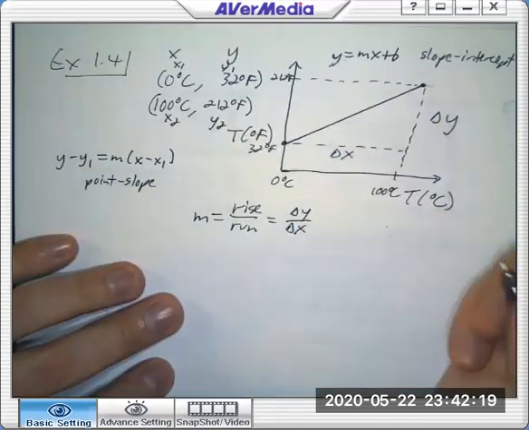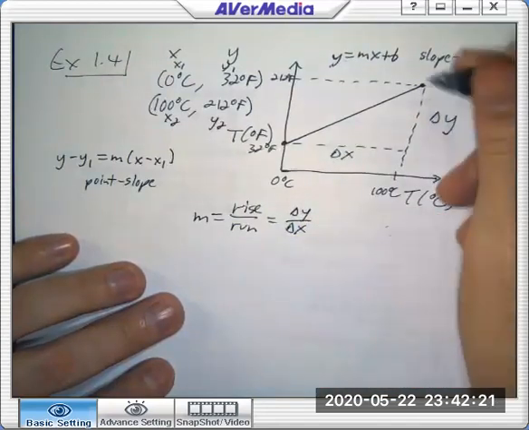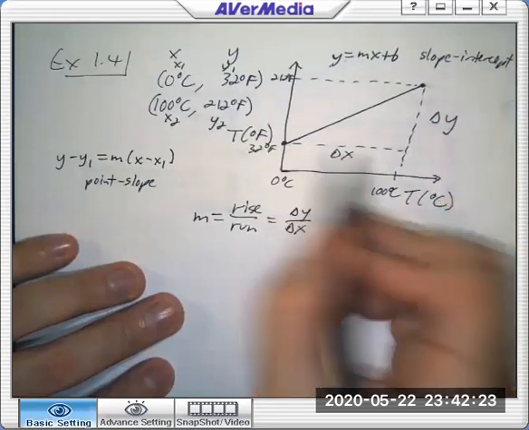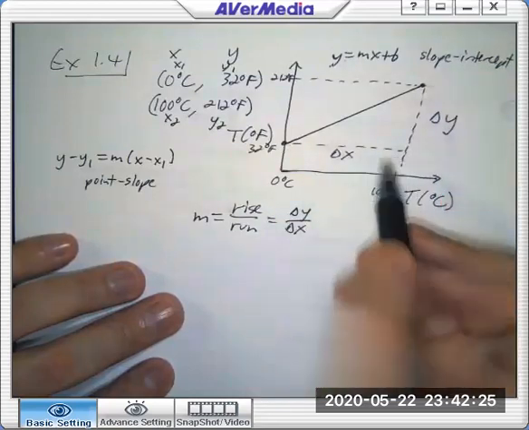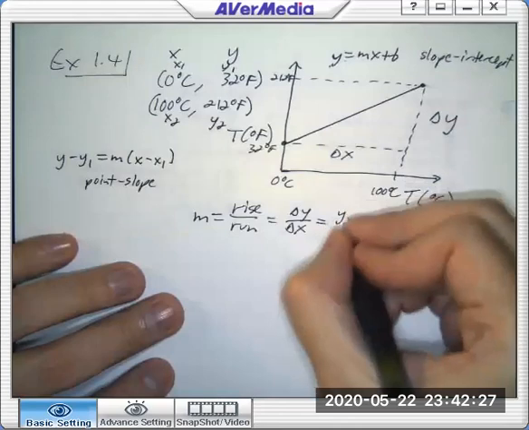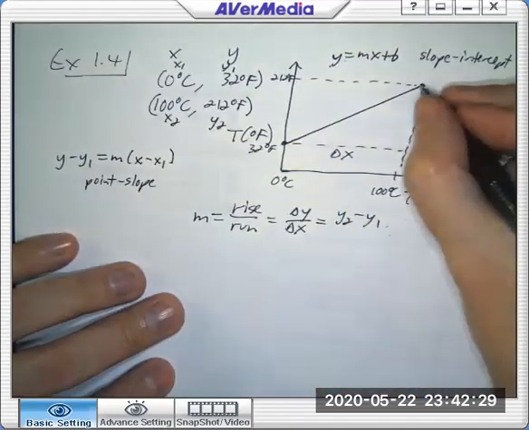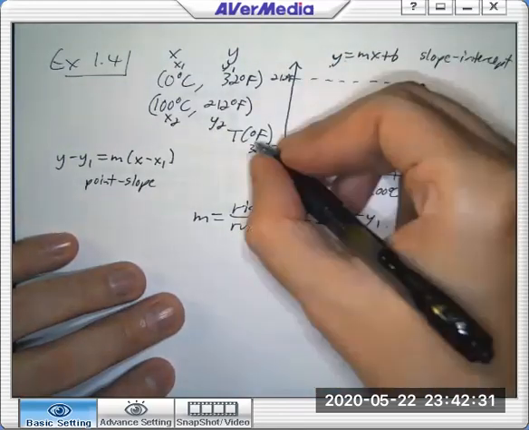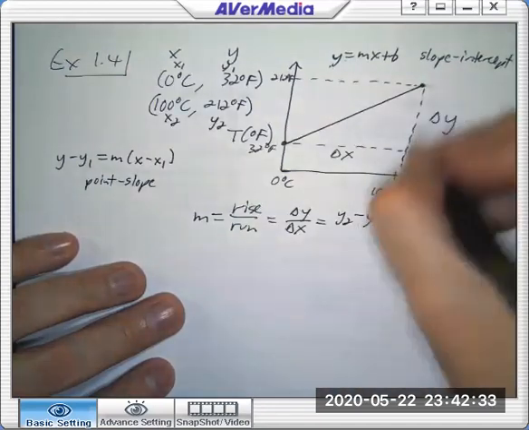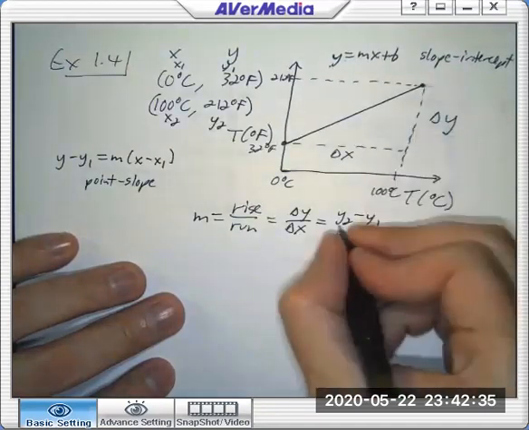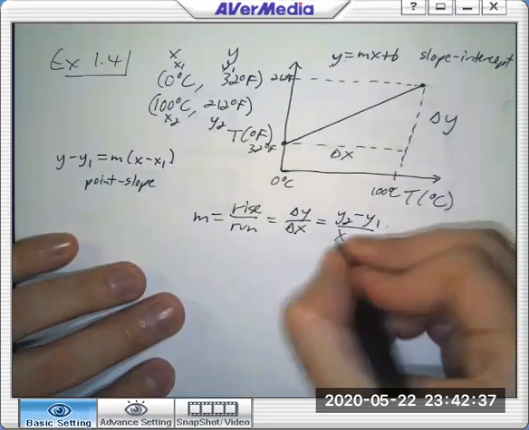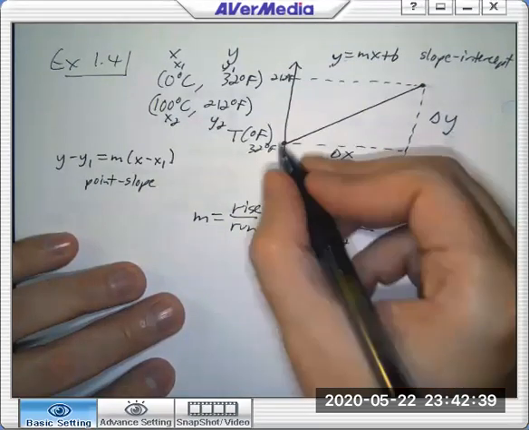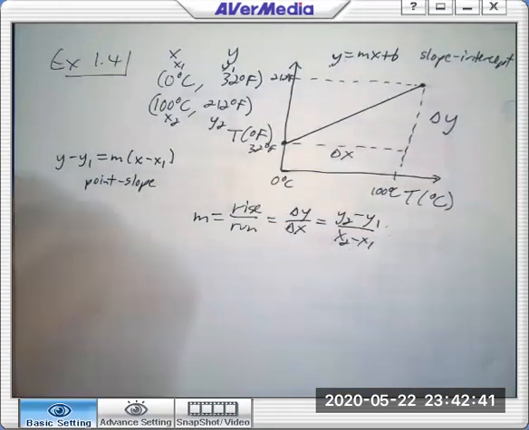The rise is how far it goes in the vertical direction over how far it goes in the horizontal direction. So y2 minus y1, this is the value of y2. This is the value of y1. That's how different this is in height. And divide that by x2, that's this value of x, minus x1. That's how far it increases going horizontally.